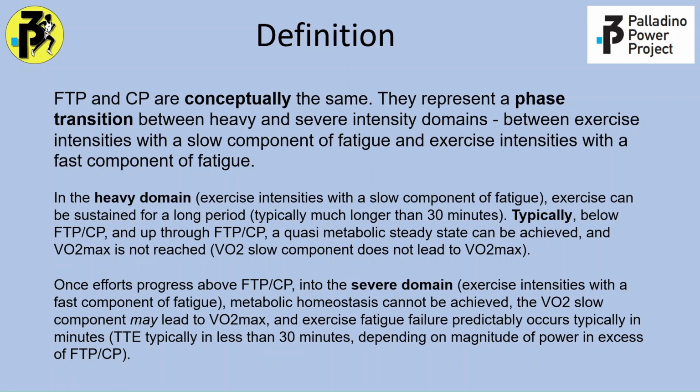Those are exercise intensities with a slow component of fatigue. Exercise can be sustained for a long period, typically much longer than 30 minutes. Now, time out. I use 30 minutes as an example. It's not a cutoff. It varies from individual to individual.